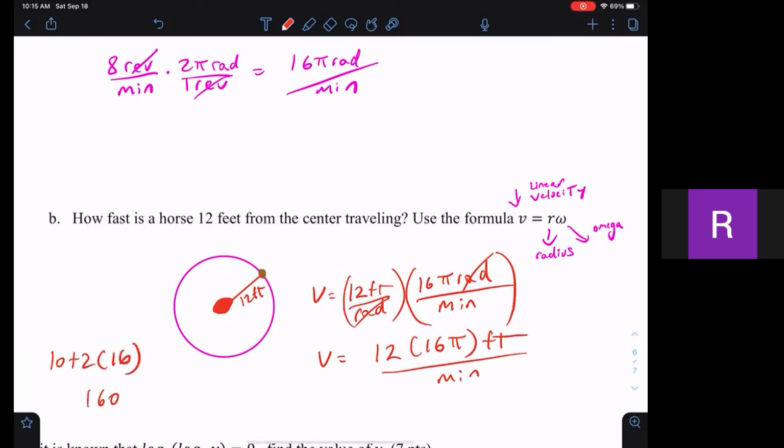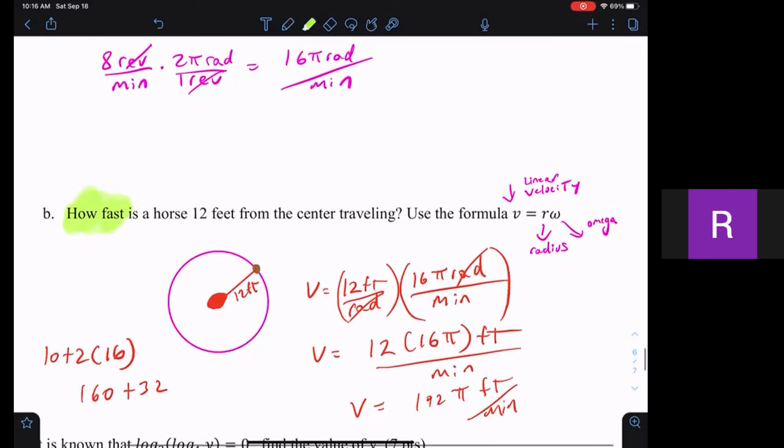It's going to be 160 plus 32. That's going to be 192. 192 pi feet per minute. So that's the velocity, right? How fast means velocity, how fast it's going. That's it. That's all you have to do.